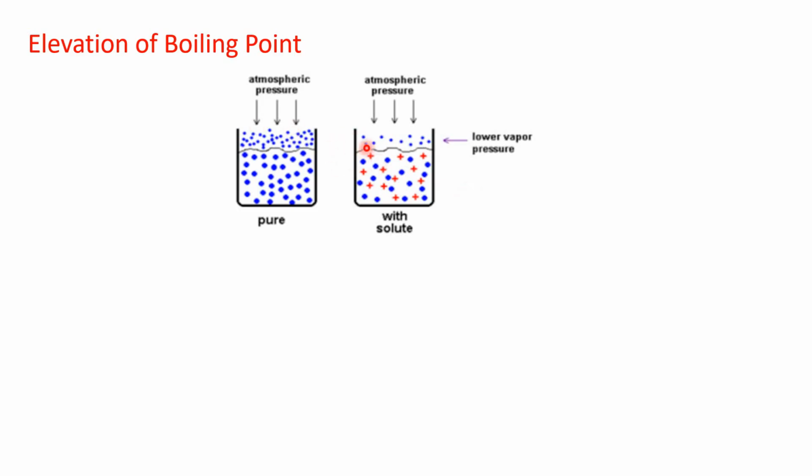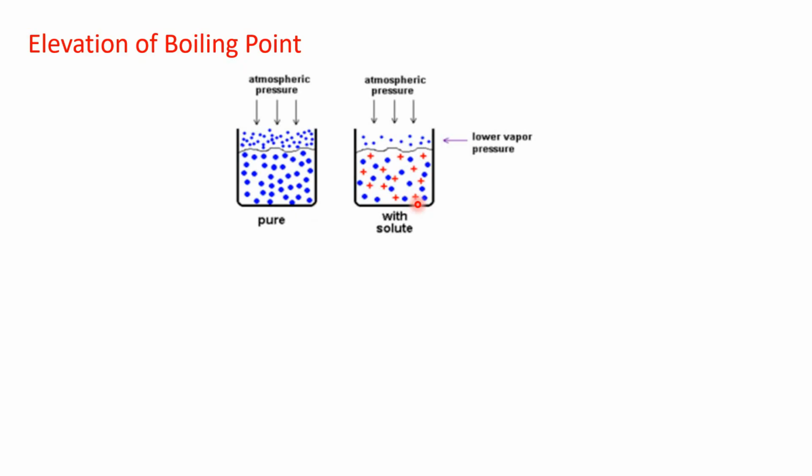As this vapor pressure decreases due to addition of non-volatile solute, then what will happen? The vapor pressure of the solution becomes equal to the atmospheric pressure at a higher temperature. At a higher temperature, more vapor will form, and then the vapor pressure will become equal to the atmospheric pressure. So what is the net result?